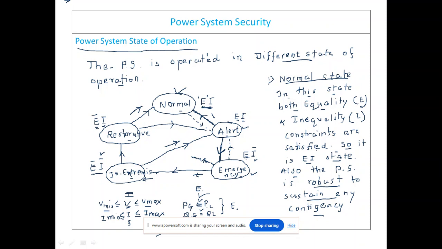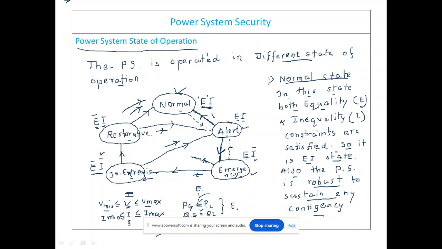So some load shedding is done or some generation is changed. Then you make the power balance, and from this state you can switch to the normal state, or you can switch to the alert state also. So these are the different states of operation in which the power system operates.